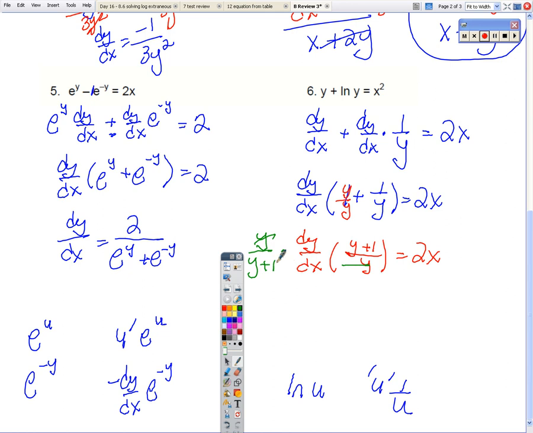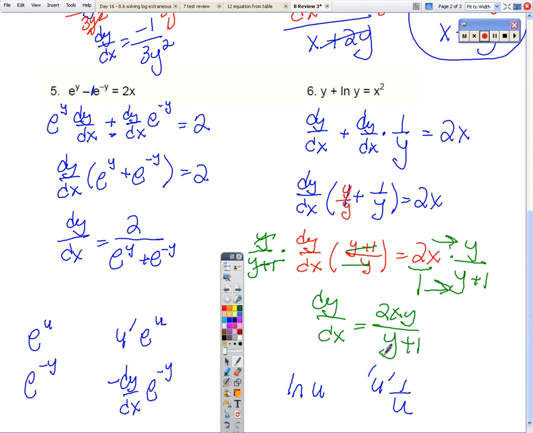So that cancels with that, and that cancels with that. So my final answer is 2xy over y plus 1. When you multiply fractions, you go across the top and across the bottom.